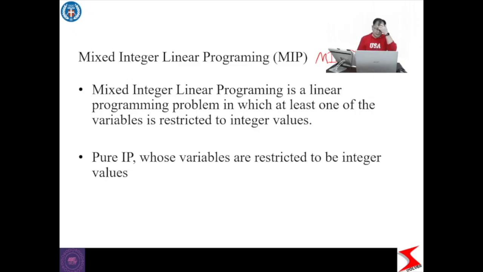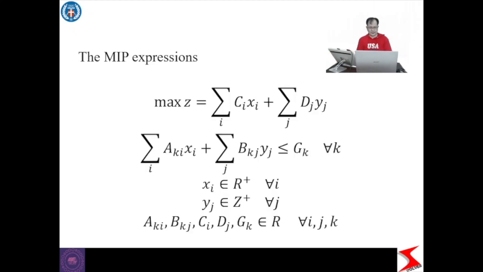A pure IP is one whose variables are all restricted to be integer values. Here is the MIP form. There are some extra notations in the objective, the constraints, and the decision variables. Others are the same as in linear programming.